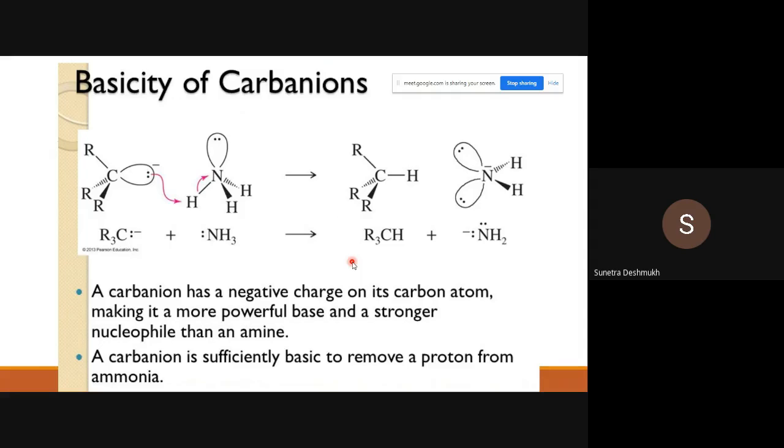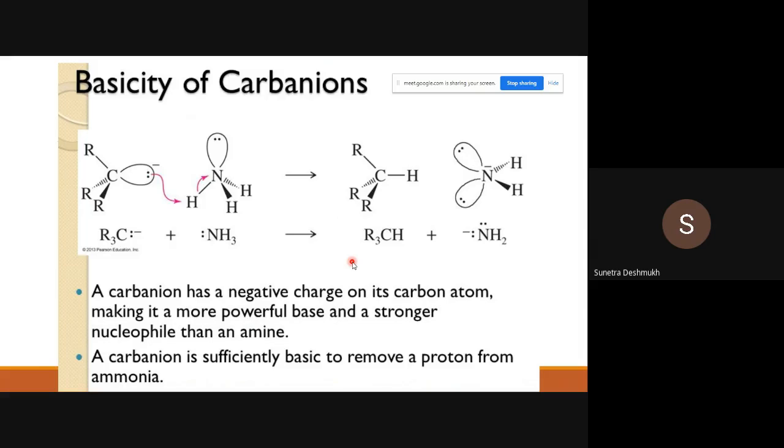As it is the strongest base, it can abstract a proton from any molecule. It is highly reactive and can abstract a proton from any moiety, like the Grignard reagent, like lithiated reagents, the lithium-containing compounds, where lithium has a positive charge and carbon bears a negative charge.